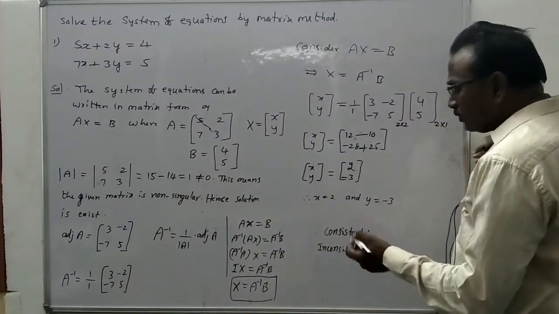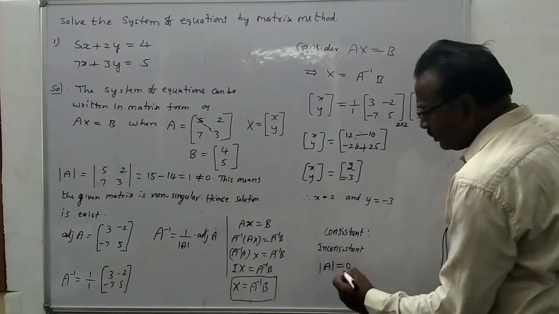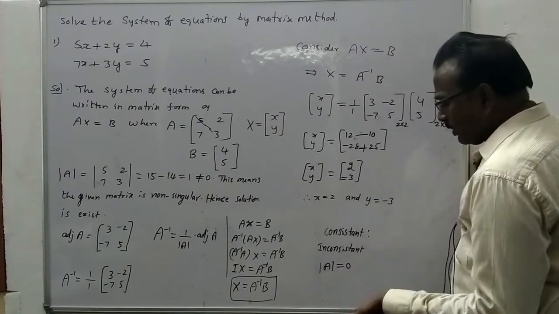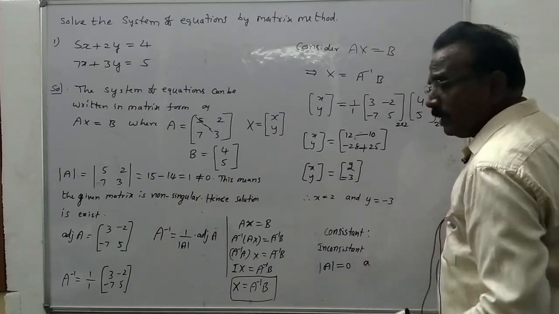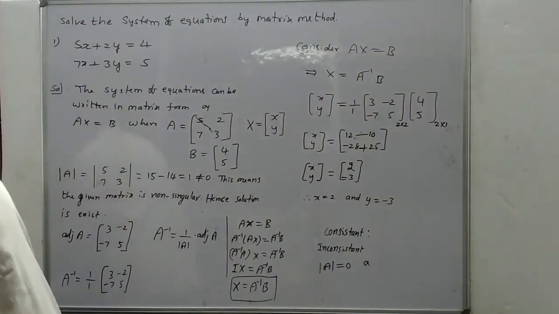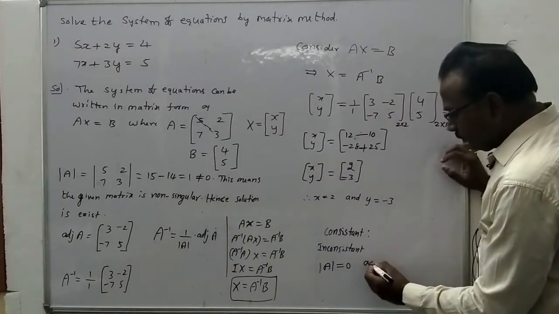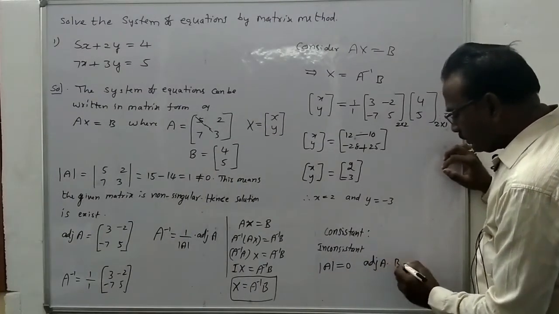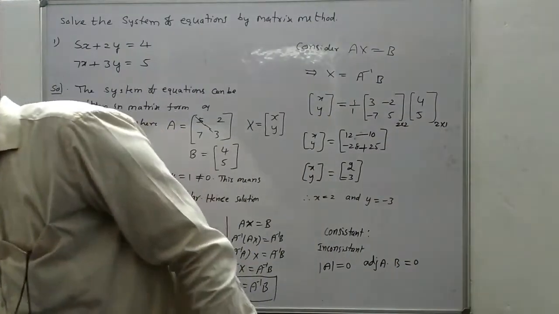Next, if the determinant is equal to 0, we cannot directly say whether the system is inconsistent or not. Check another condition: adjoint of A into B is equal to 0, then the system is consistent.